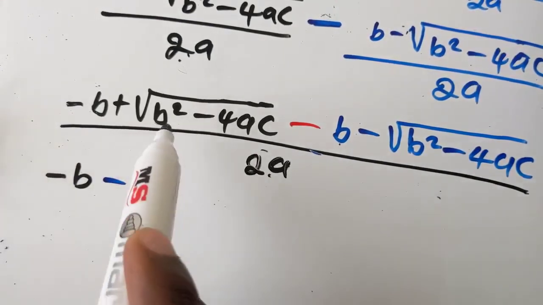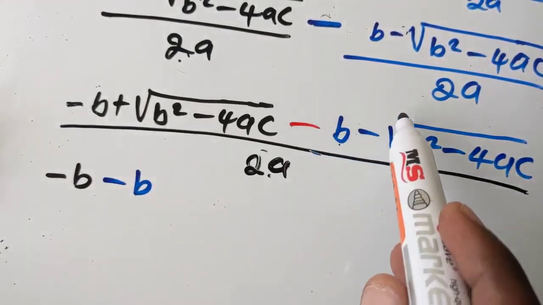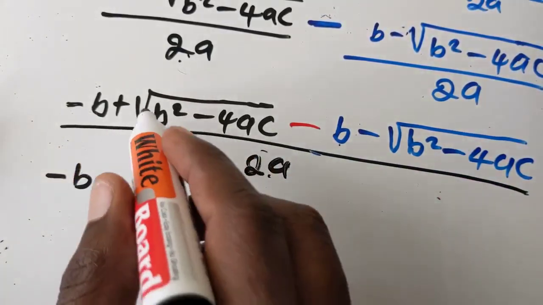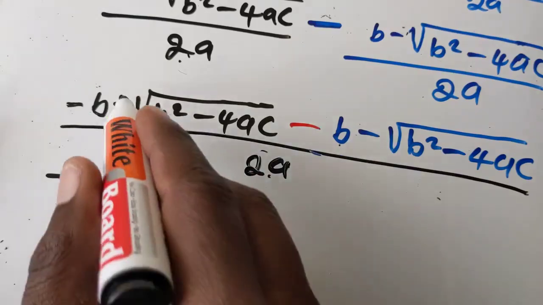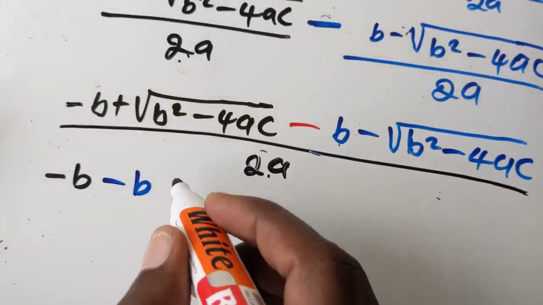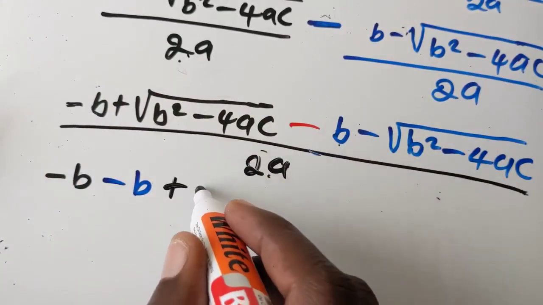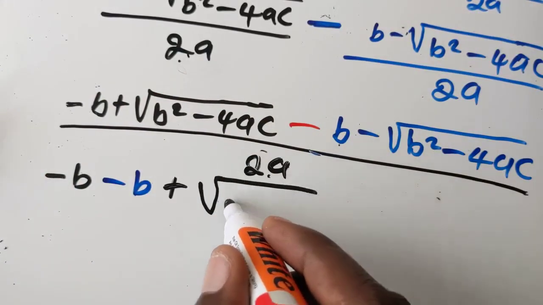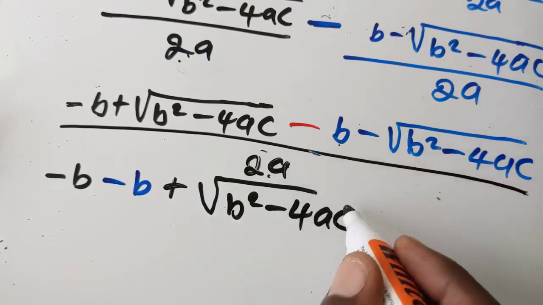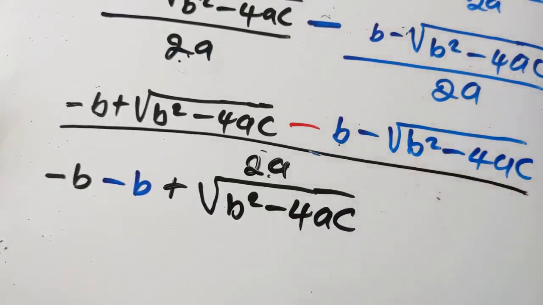Then you come to this one again. It is a like term of that one here. This square root is positive, so you go together with each sign. Don't make mistakes. So this is positive root of b squared minus 4ac.